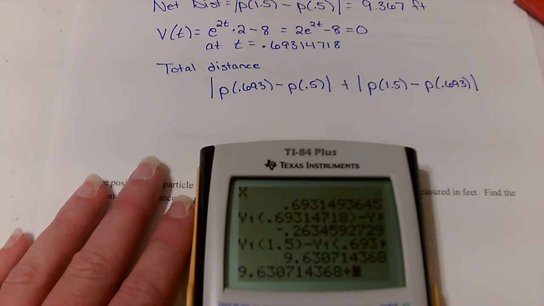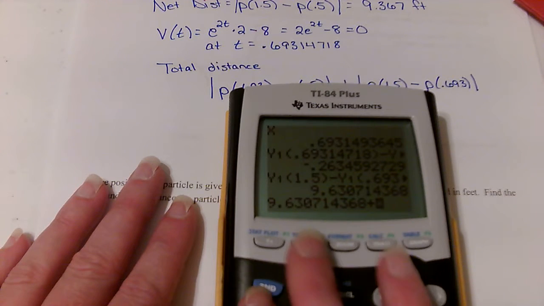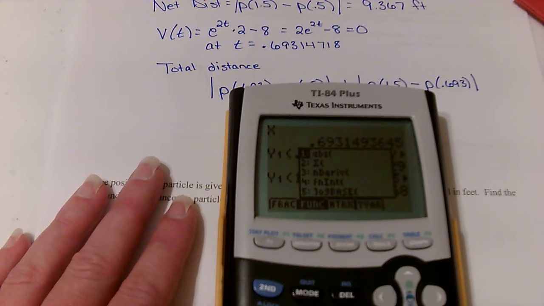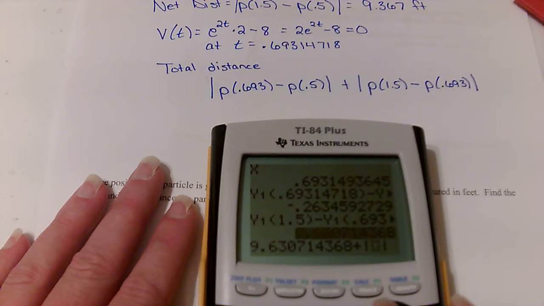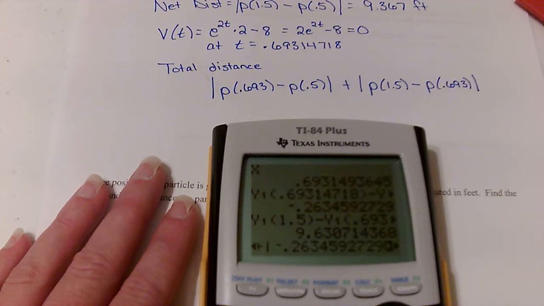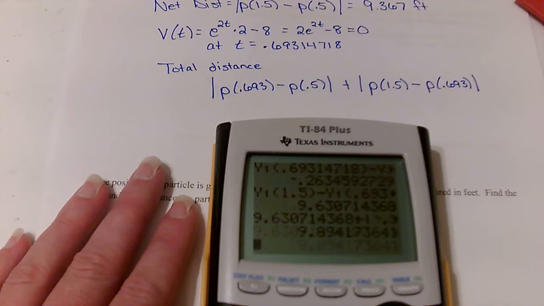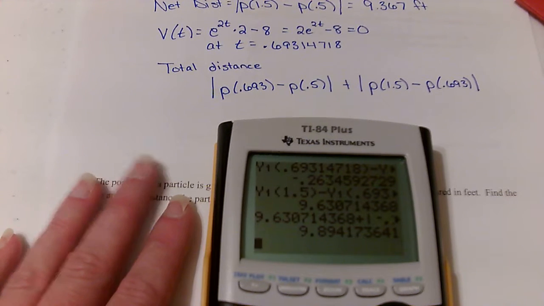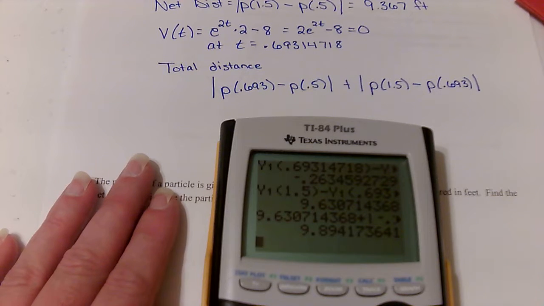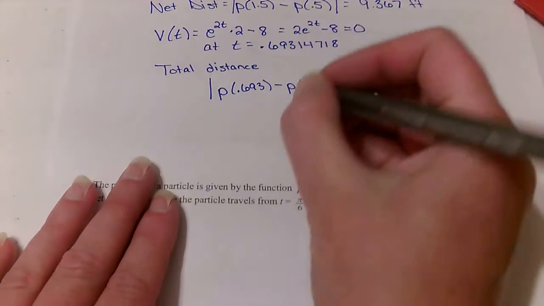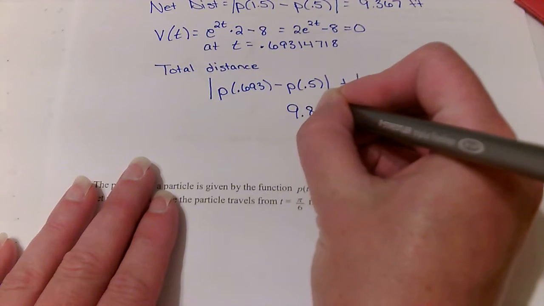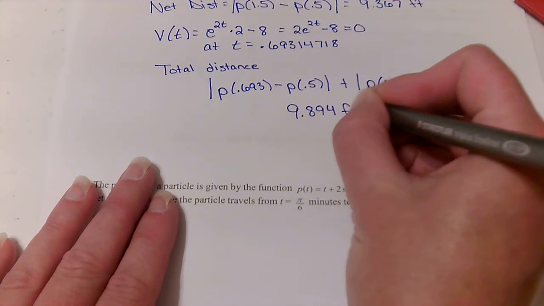So you can either do alpha F2 and choose absolute value of the negative one, or you could have just typed it in as positive. And I get 9.894 feet.